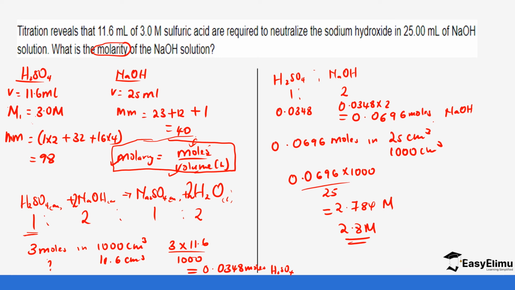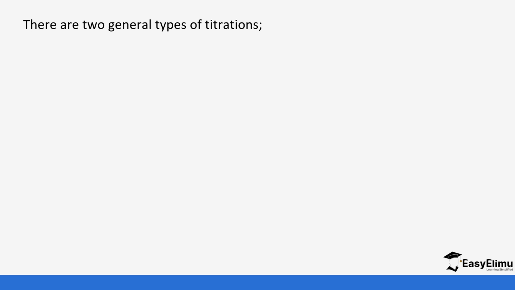The purpose of the titration is to get the volume or moles or concentration of the unknown solution. So later on, when we go to the specific types of titrations, you'll see how the calculations differ. But at the end of the day, we are looking for the concentration of the unknown solution. So there are generally two types of titrations.